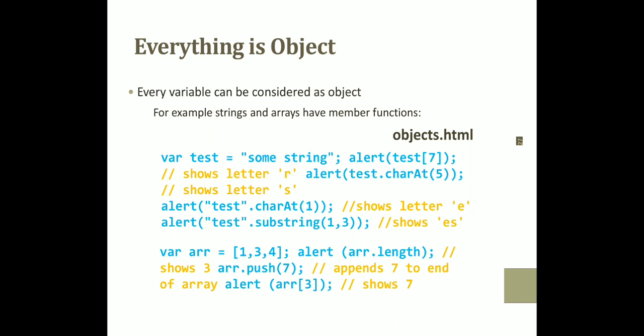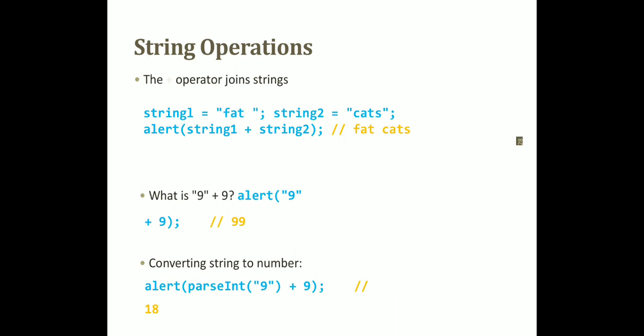Now you can see that everything is an object in JavaScript. The test is a variable, but with test you are calling the characters or the substrings in the program. So everything present in JavaScript can be treated as an object in a variable.